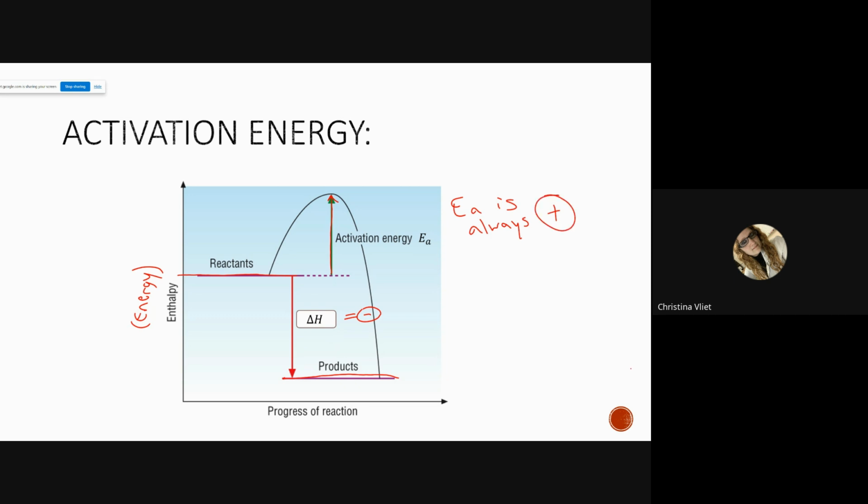It always requires energy to kickstart a chemical reaction. Some reactions will require more energy than others, and so you'll observe this as either a bigger hill or a smaller hill. I always think of this as riding a roller coaster, where you start here, energy in, energy in, energy in, energy in, energy in. You get to the drop, energy out, tons of energy out. You follow along.